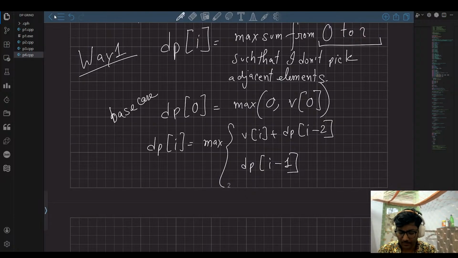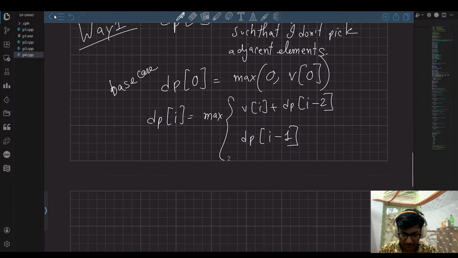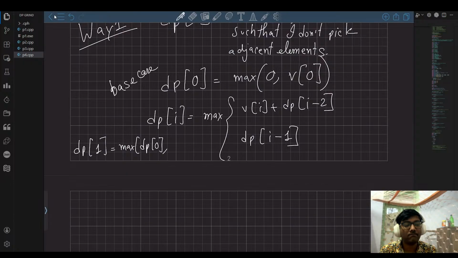Of course, dp of 1 I have to also define. It says max of dp of 0, and either to consider that or not consider, and maybe max of v of 1 comma 0. Maybe consider, because there is an i minus 2 here.